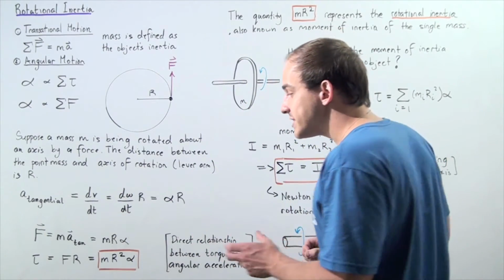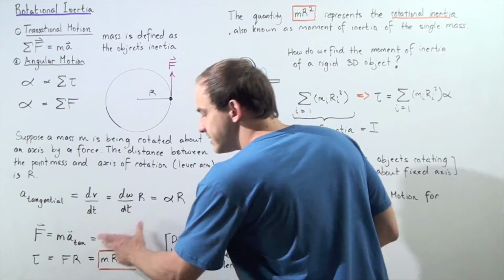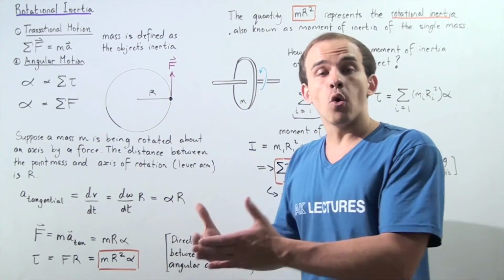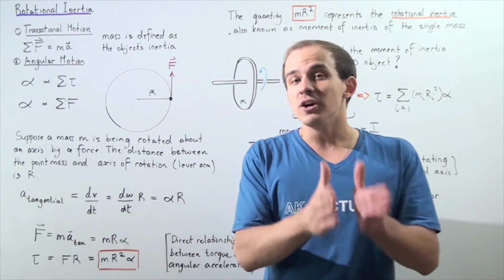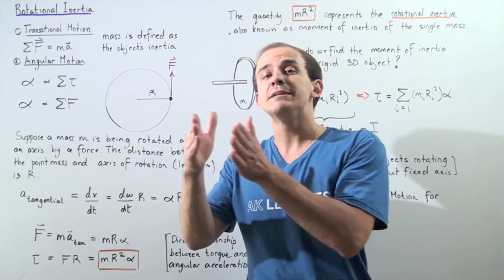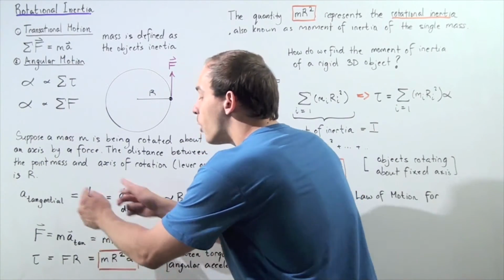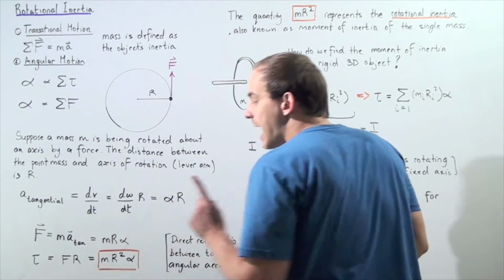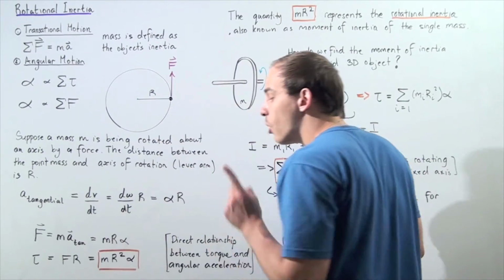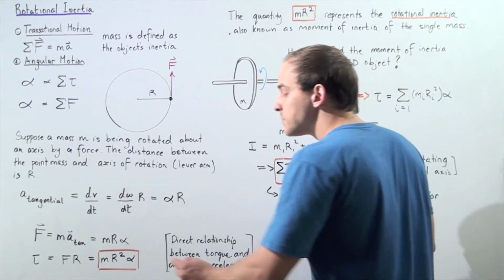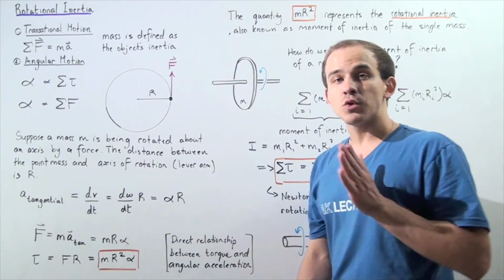Now we simply take this entire quantity and represent it in terms of torque. Recall that torque is equal to the force acting on the object multiplied by the lever arm. So we multiply this force by r, and we get mass multiplied by the lever arm squared, multiplied by our angular acceleration.